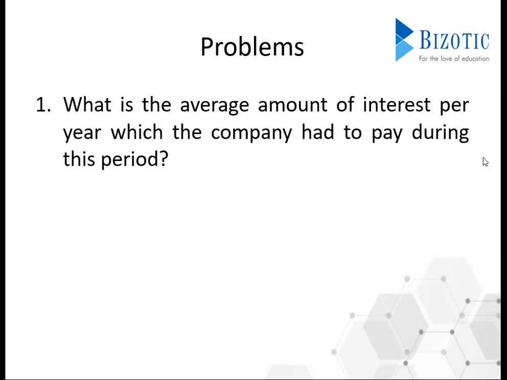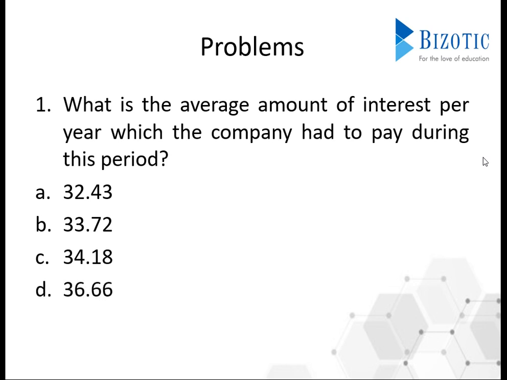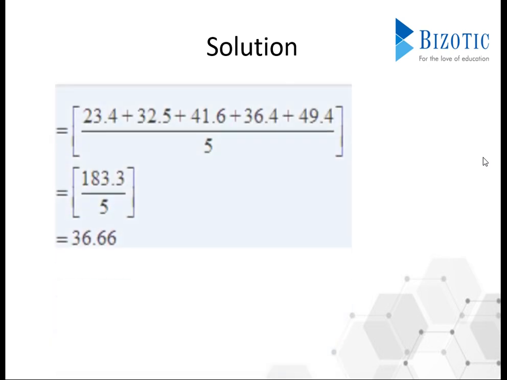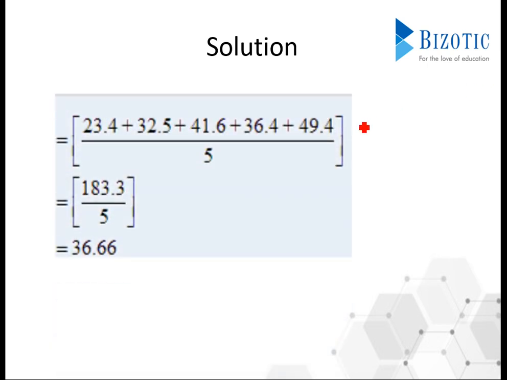What is the first question? What is the average amount of interest per year which the company had to pay during this period? When you look at the question, you have interest which has been given, and all that you need to do is follow a few simple steps, which we will see in the solution part. They have asked you to find the average of interest, so add all the values, that is the sum of all the values divided by how many values there are. 5 values are there.